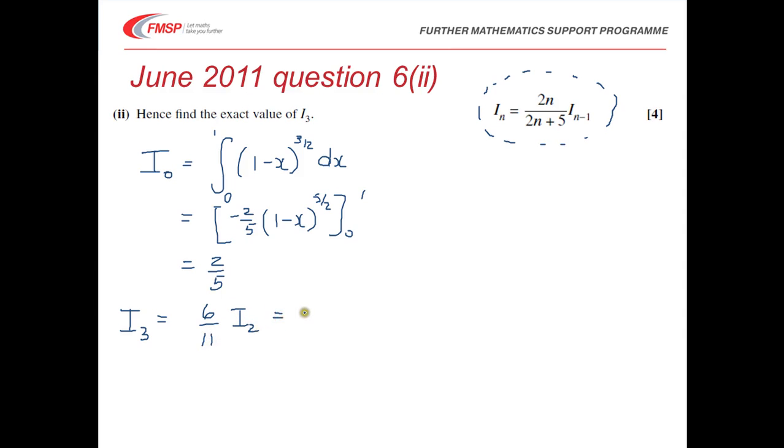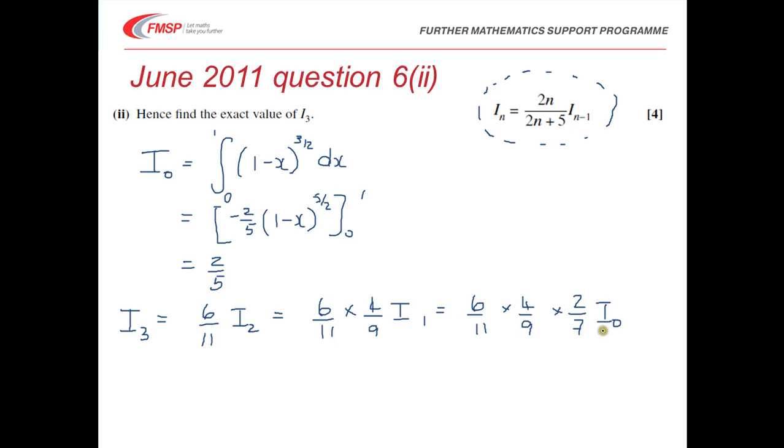But in turn, I2 will be 2n, 2 2s are 4, over 9, times I1, which in turn, if we just keep working through it, I1 is going to be 2n, so 2 over 2 plus 5, which is 7, lots of I0.